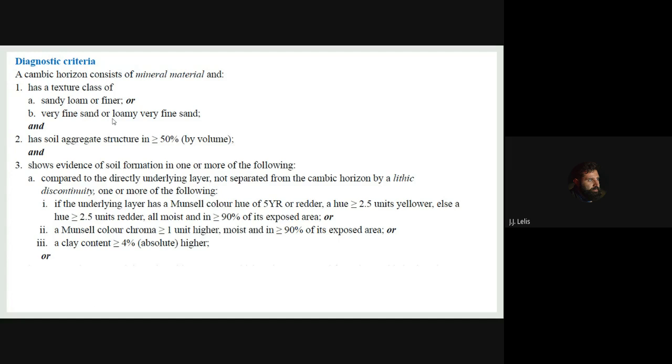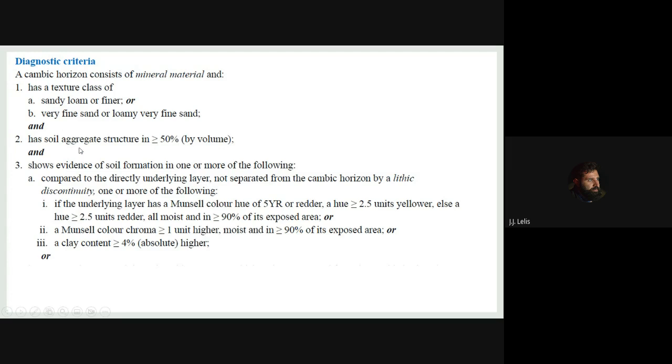The cambic horizon should possess soil aggregates, so it should possess structure, and at least half of that horizon should possess a weak, moderate or strong structure. We can't see a massive or single grain structure in a cambic horizon.